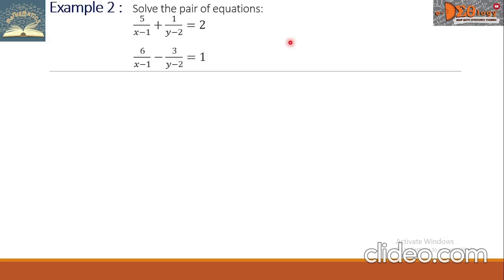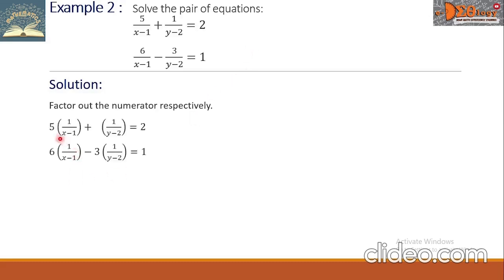Example 2. Solve the pair of equations 5 over x minus 1 plus 1 over y minus 2 equals 2. Second equation, 6 over x minus 1 minus 3 over y minus 2 equals 1. We factor out the numerator respectively.